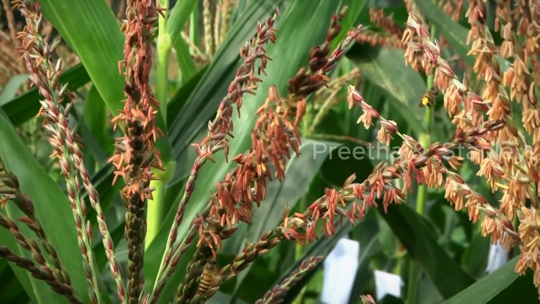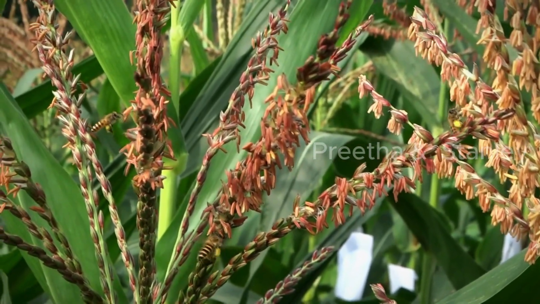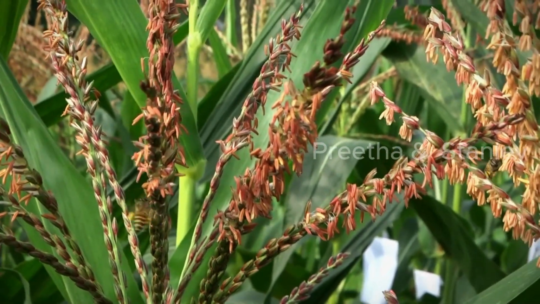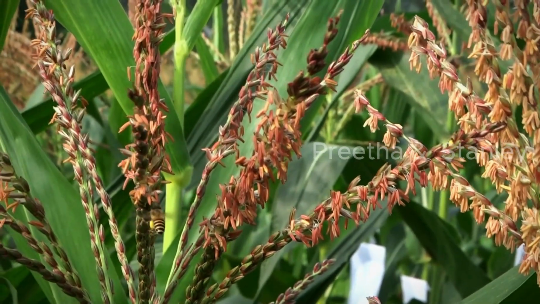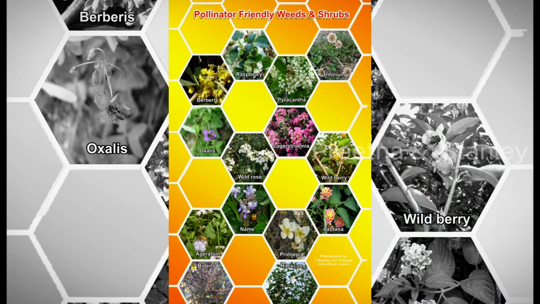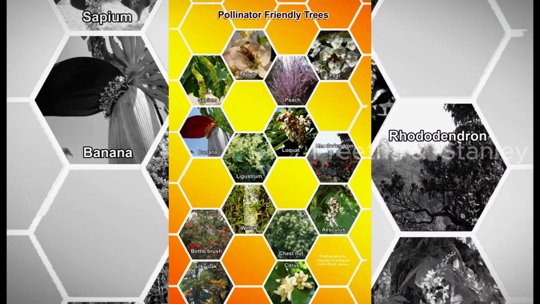Unfortunately, most of the plants, especially the crops under large-scale cultivation, are highly seasonal and remain for a short duration in the field. So there is a need to manage the availability of flowers to provide food and conserve the pollinators.